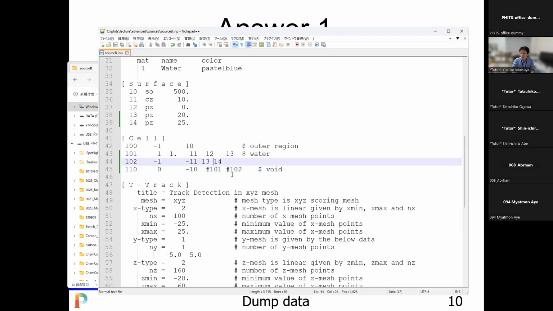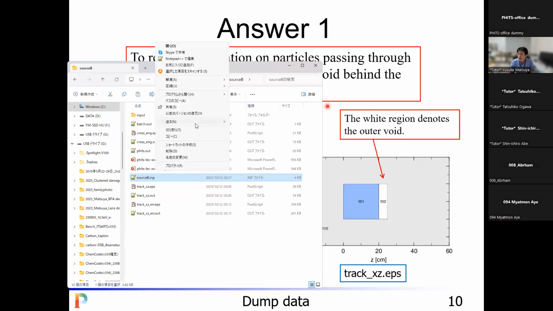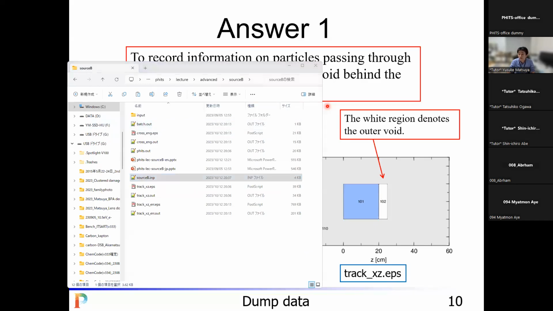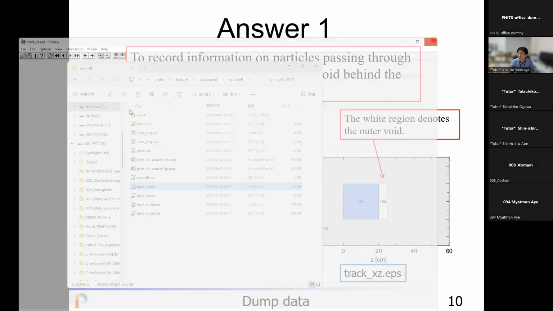I see. This value should be negative. Okay, I'll try the execution again. Yes, perfect.